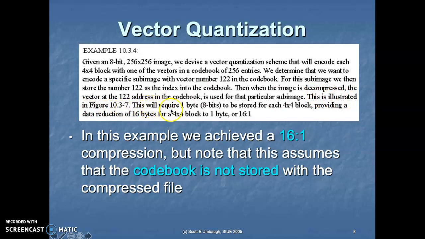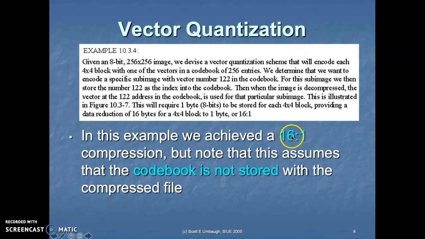This will require 1 byte or 8 bits to store each 4 times 4 block, providing a data reduction from 16 bytes for a 4 times 4 block to 1 byte, or 16 to 1. So in this example, we achieve a 16 to 1 ratio.